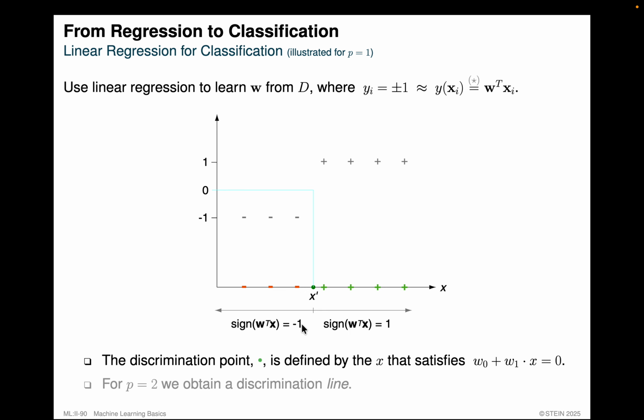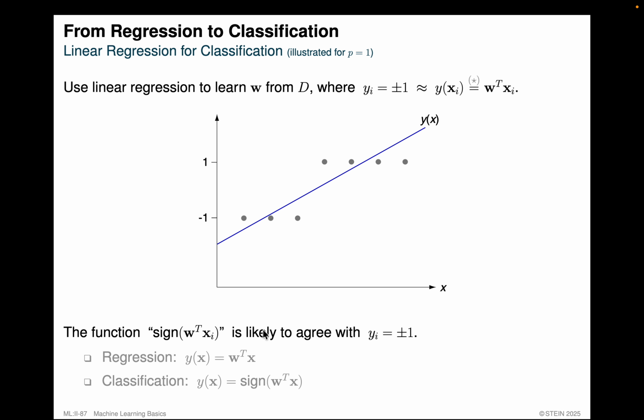We look whether it is negative or positive, and then decide whether the model function is correct or not correct. And we optimize that classification by optimizing the regression of the model function towards this data here.